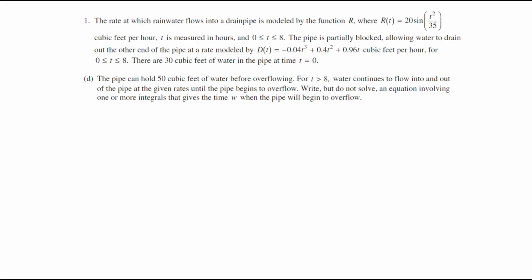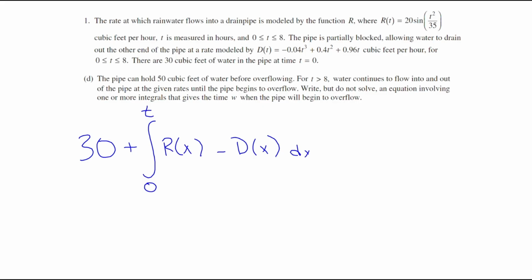The amount of water in the pipe is given by 30 plus an integral from 0 to t of r of x minus d of x dx. And so really all we have to do is find the time w when this actually happens.